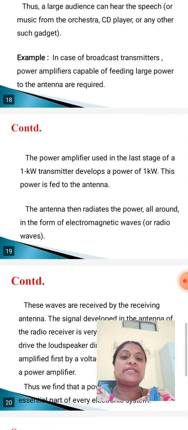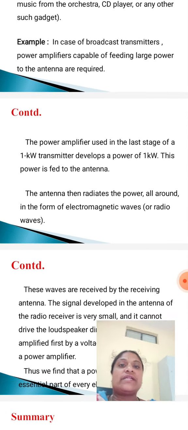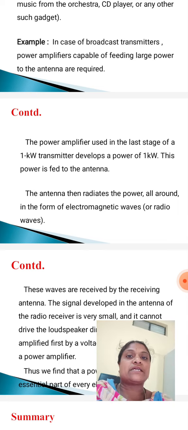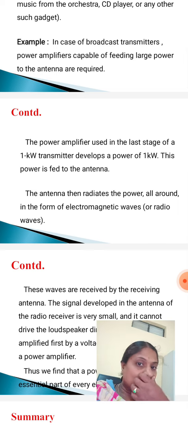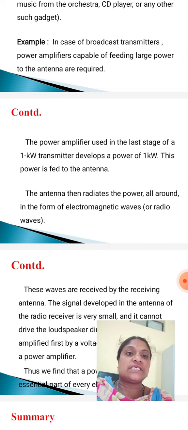I repeat this example once again. In case of broadcast transmitters, power amplifiers capable of feeding large power to the antenna are required. The power amplifier used in the last stage of a 1 kilowatt transmitter develops a power of 1 kilowatt. This power is fed to the antenna.